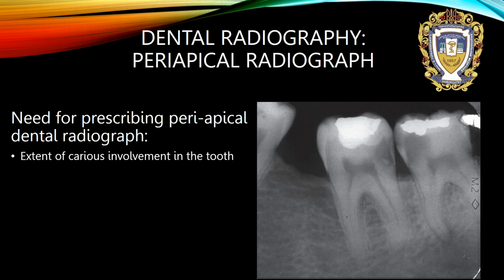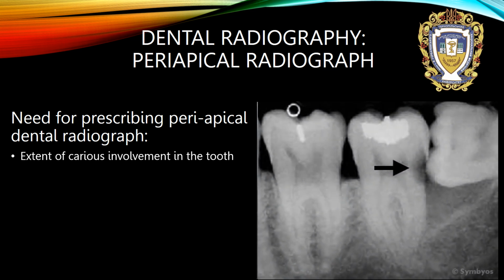Why? Because the caries cavity is connected with the pulp chamber here. And the same situation here. Or another situation, when a wrongly positioned wisdom tooth caused caries in the second molar.